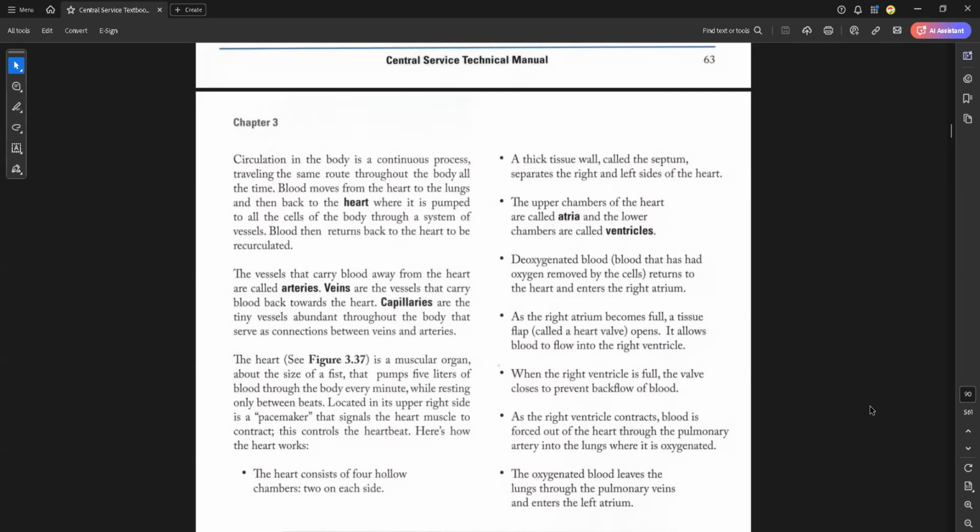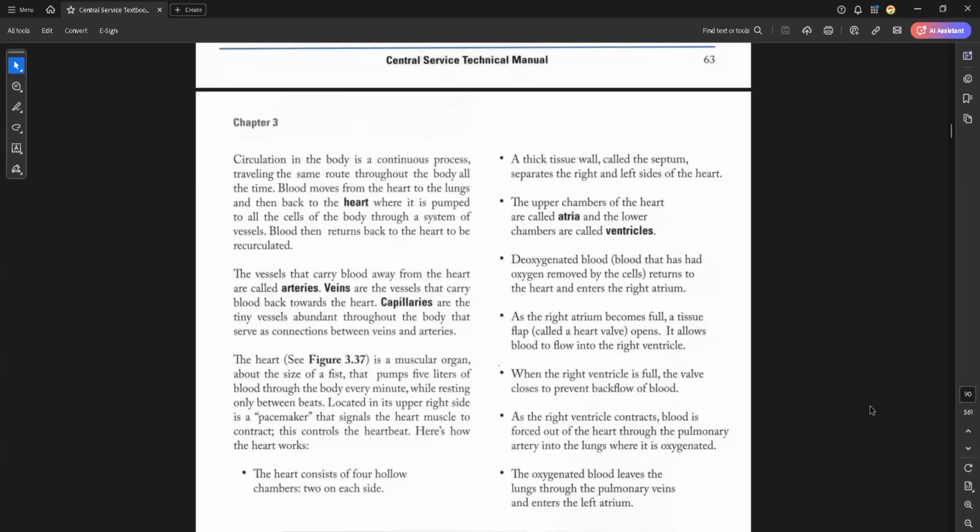Then the vessels will carry it back. So we have veins and then we have arteries. The veins carry blood back towards the heart. So when blood is mixed with oxygen is very key. Without the oxygen, every human cell will die because they need oxygen.